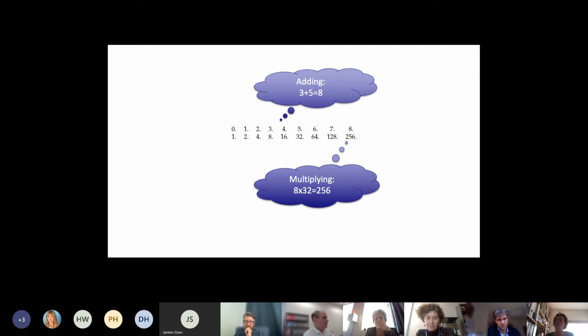So if you add 3 and 5 and you go to 2 to the power of 8, you find the answer, which is 256. And this relation between adding and multiplying in sequences is actually the inspiration for Napier to come up with the concept of logarithms.